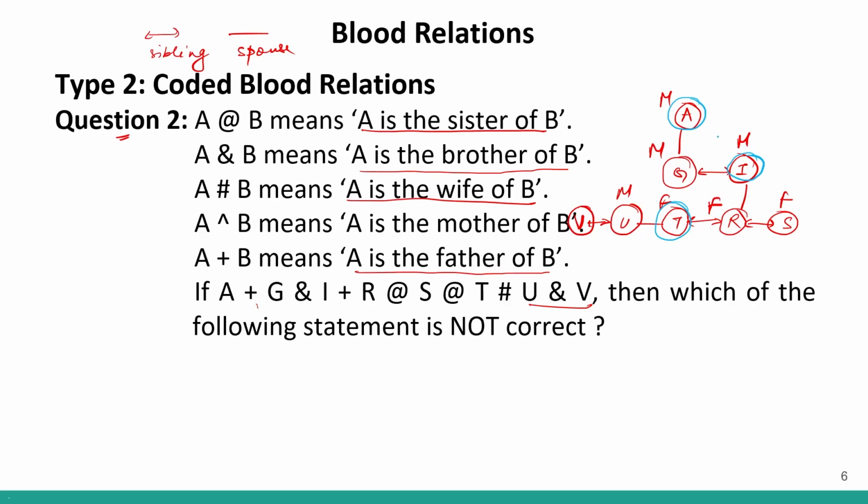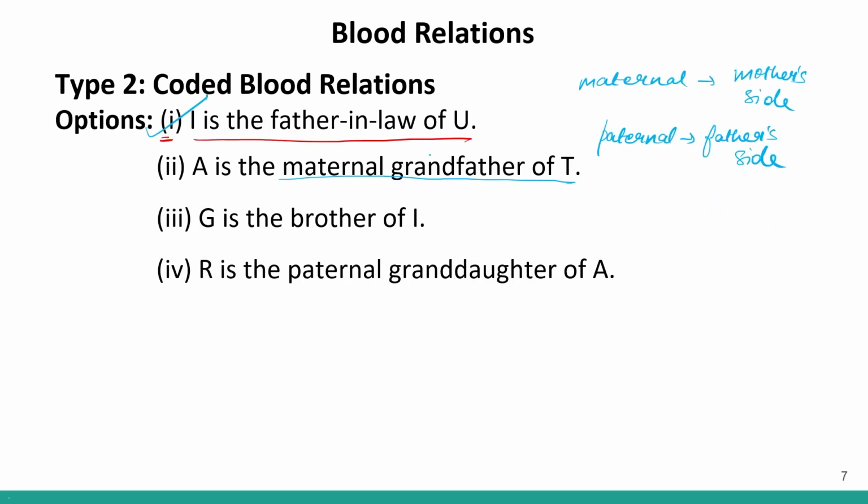So it is father's father, not mother's father. If it is father's father, it is father's side, so it is paternal grandfather. Okay, it is paternal grandfather. So it is not maternal but paternal grandfather. So this should be my answer, but let us check.